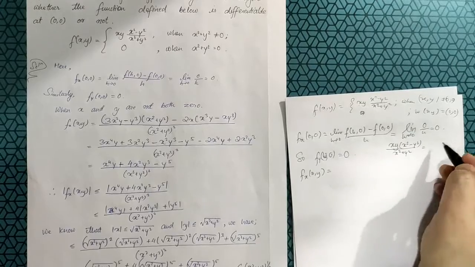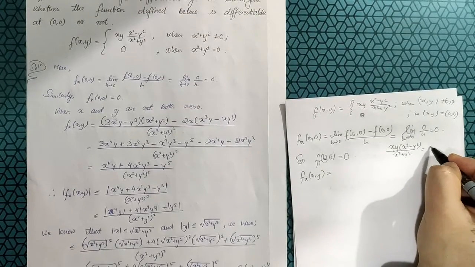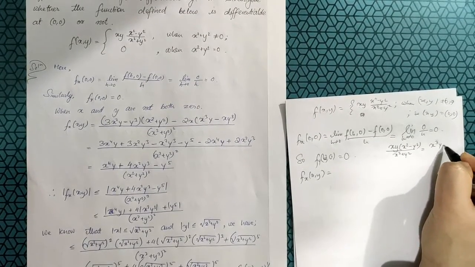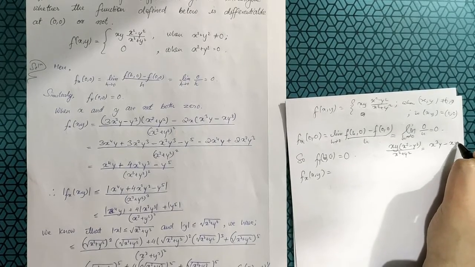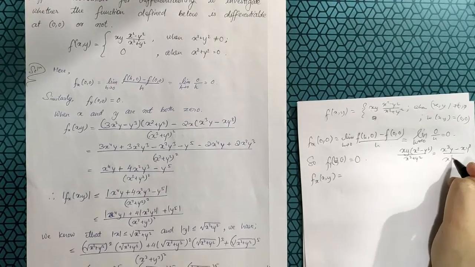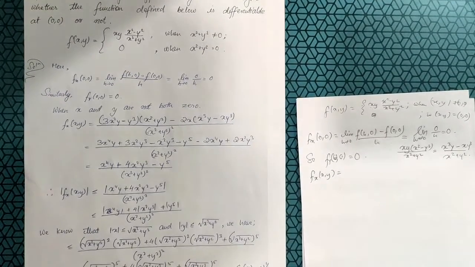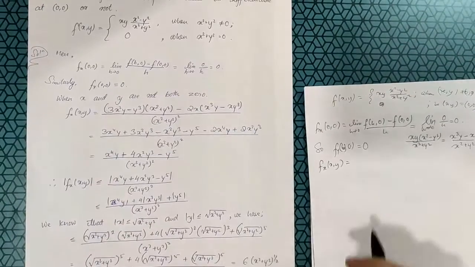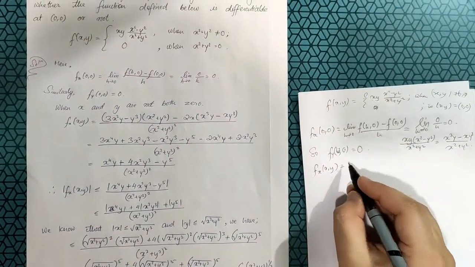So we can write this function as x cube y minus xy cube whole divided by x square plus y square. So now we try to partially differentiate this function.